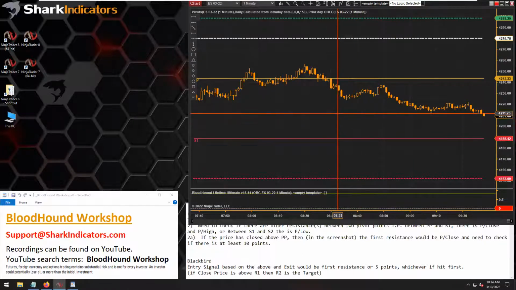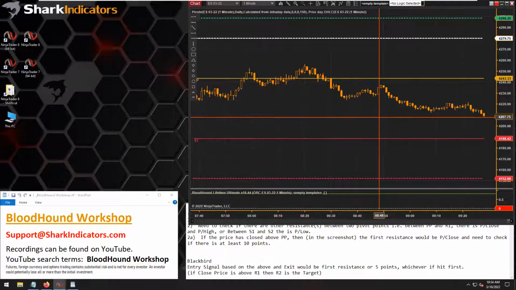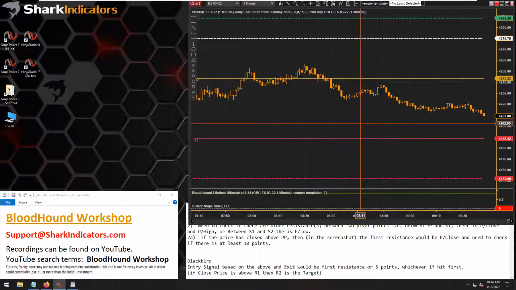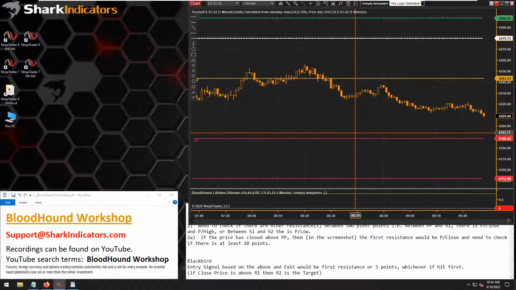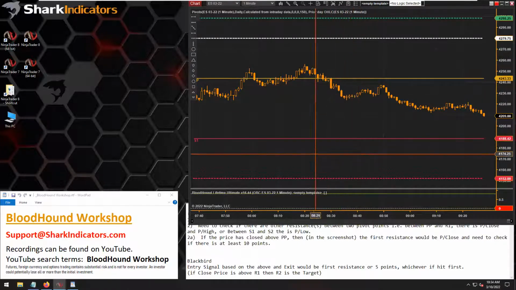So if price bounces off the top of S1, those bounces upwards are ignored, because that would be a long bounce. But of course, only short signals are given if price is below the PP line. And of course, vice versa.